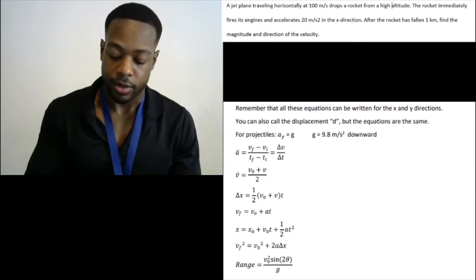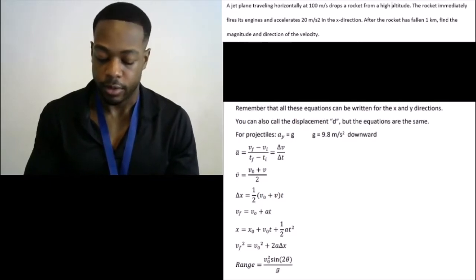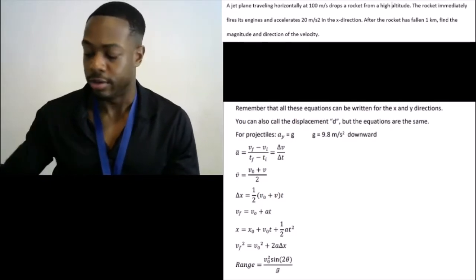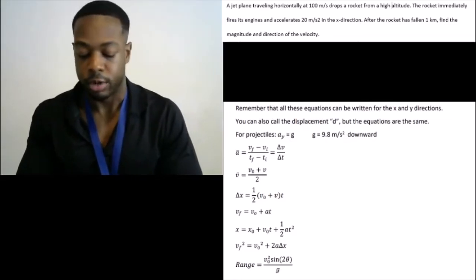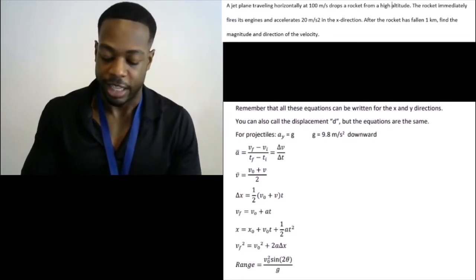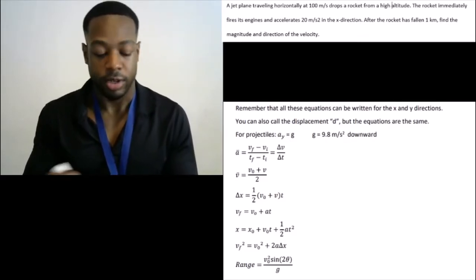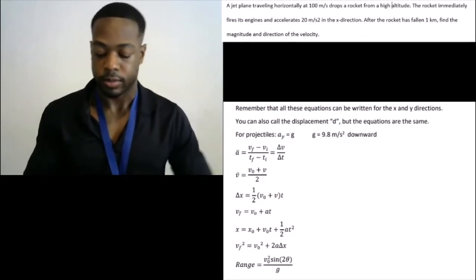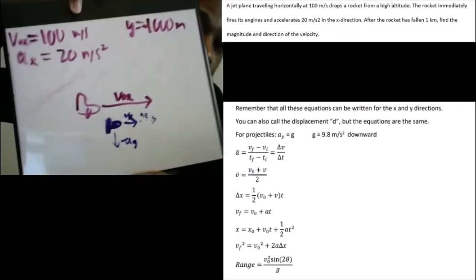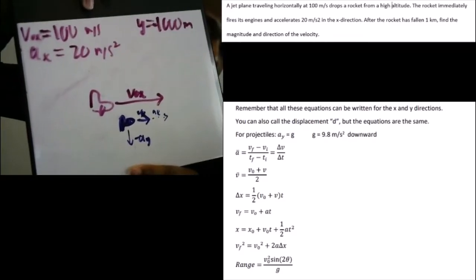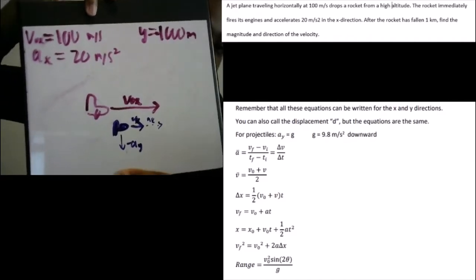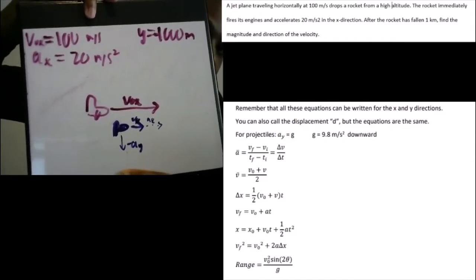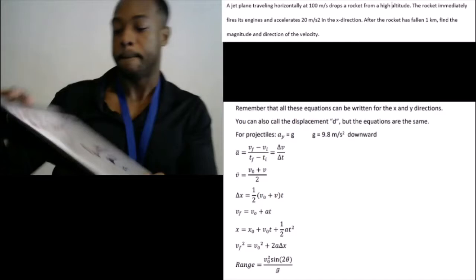And then we've got Y velocity, which is 0 in theory, right? But you should know that. Actually, I'll explain a bit more. We've got the acceleration going down, which was always there. So this is the idea. This is what we're dealing with. We've got the plane, it drops the rocket, it gets a little acceleration, and it has an acceleration pulling down, right?